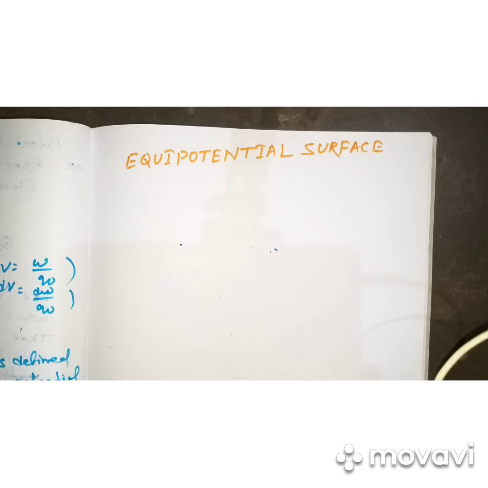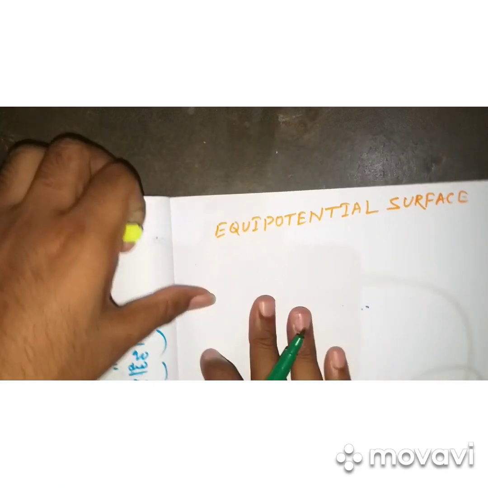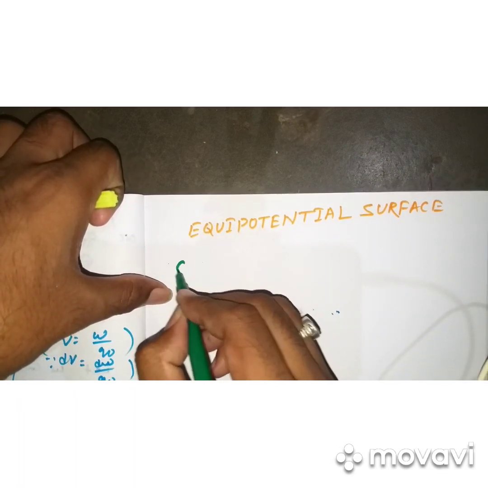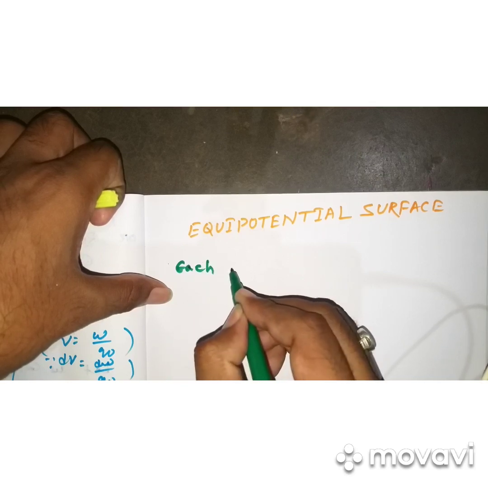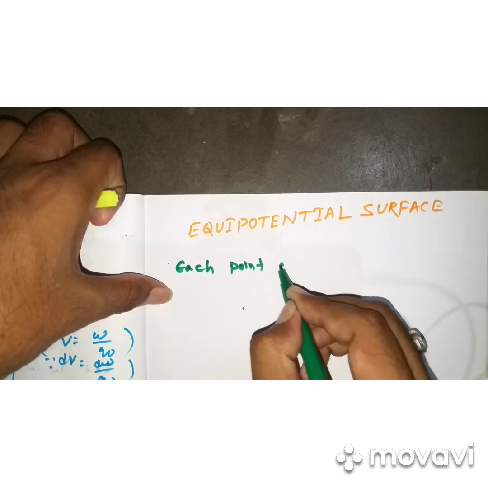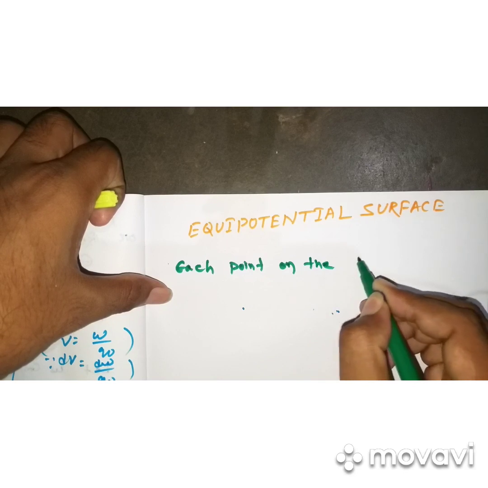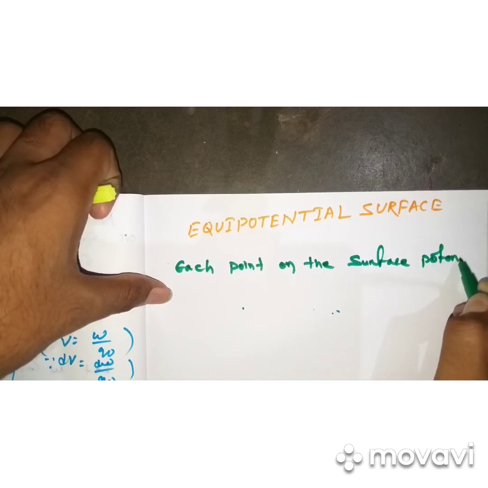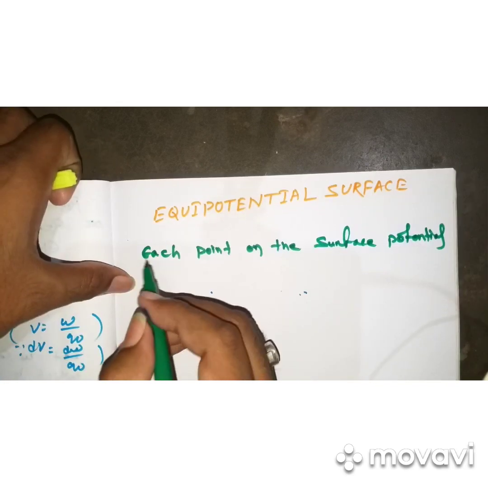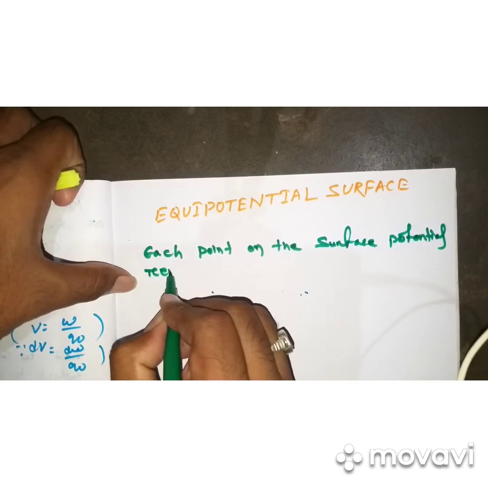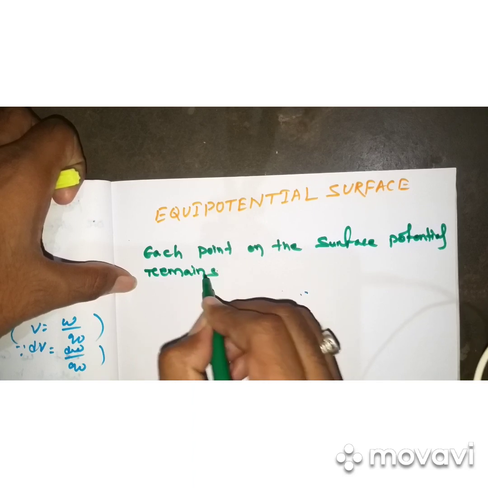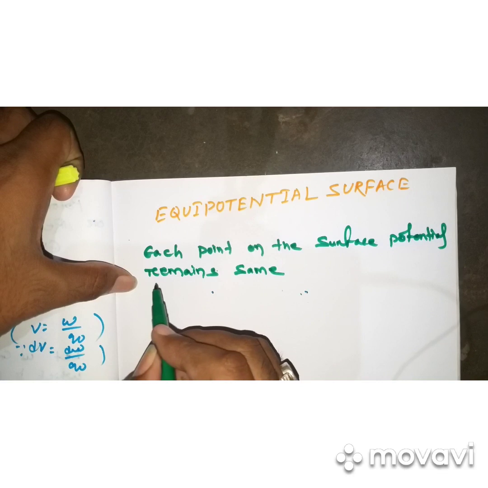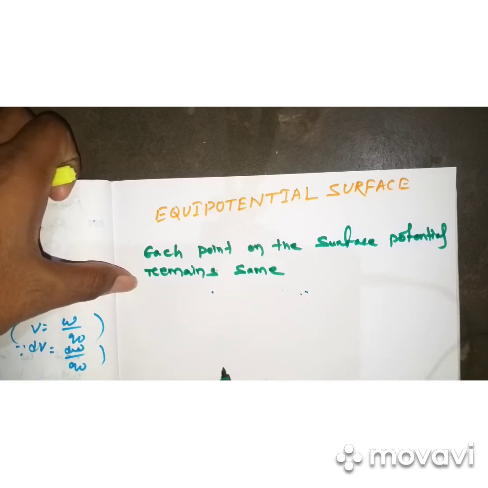Here you write that each point on the surface, potential remains the same.